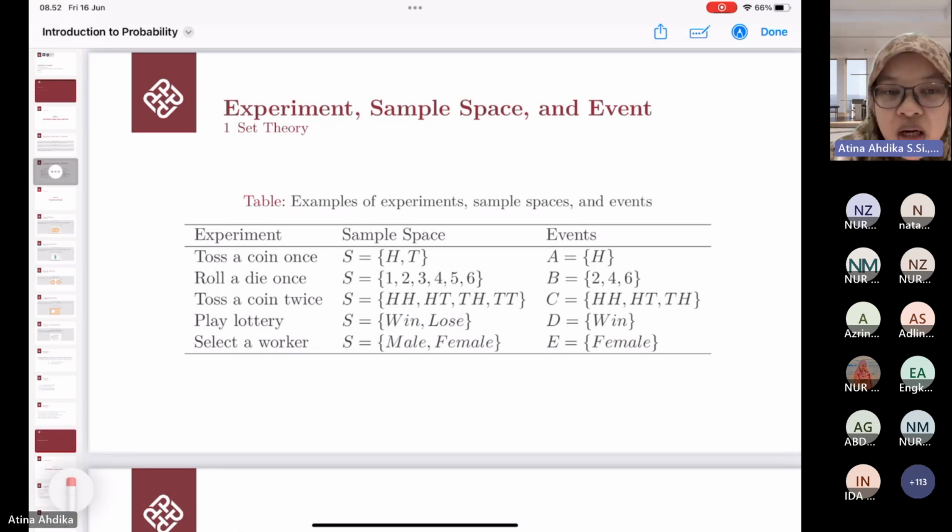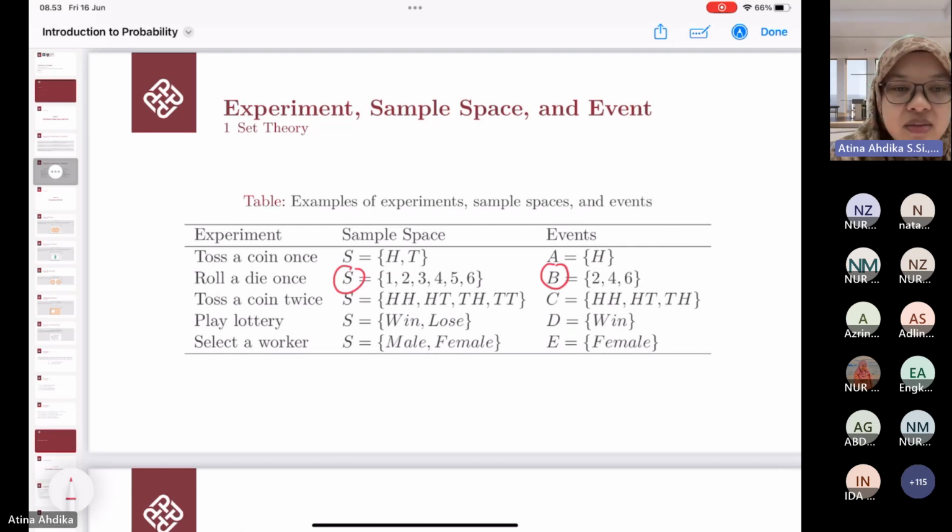Like I said before, we have the sample space of 1, 2, 3, 4, 5, and 6. And then we can also define an event that is a subset of the sample space, to be the even number or the odd number. So P here is a subset of the sample space S here.